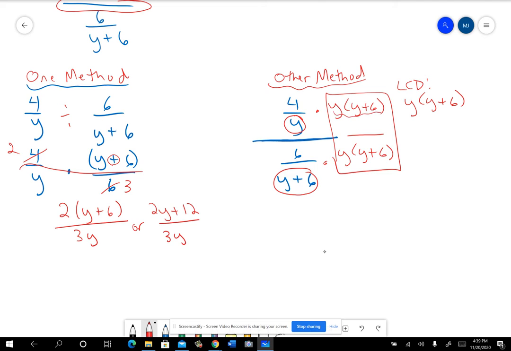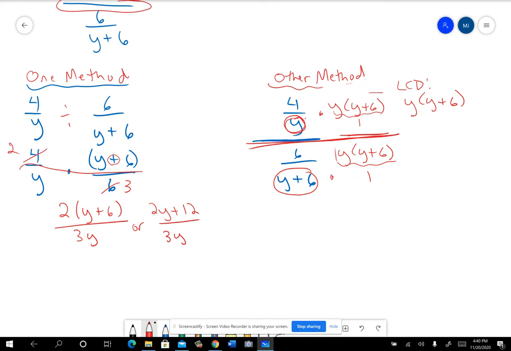This is really understood to be kind of up high where the 4 is. This is really understood to be up high. Let me get rid of that for a second. Up high where the 6 is. And so if you now think about the numerator and denominator individually, so think about this as one big fraction.